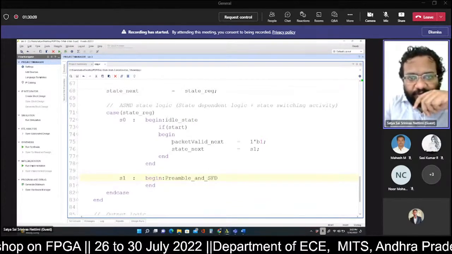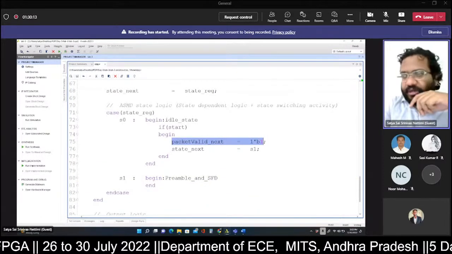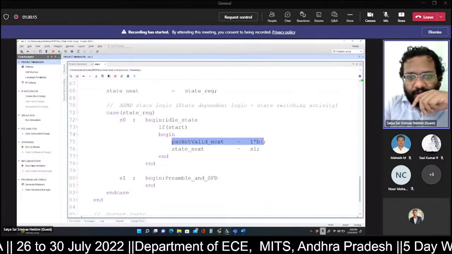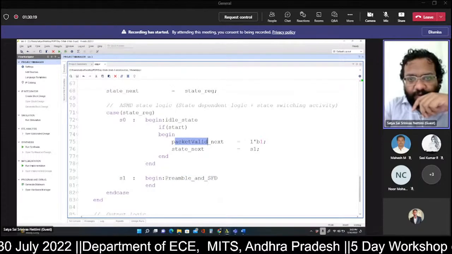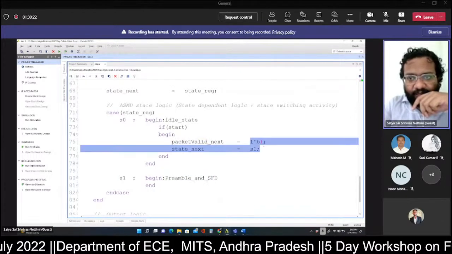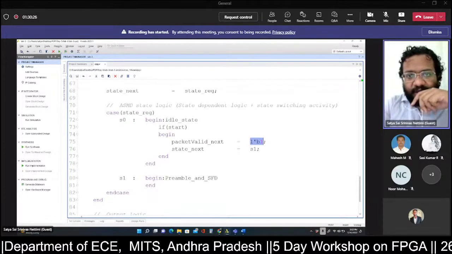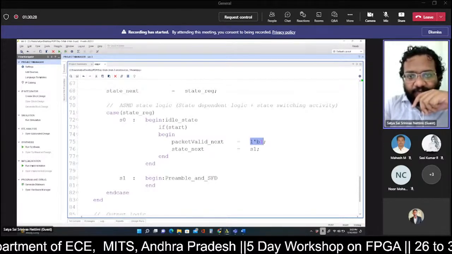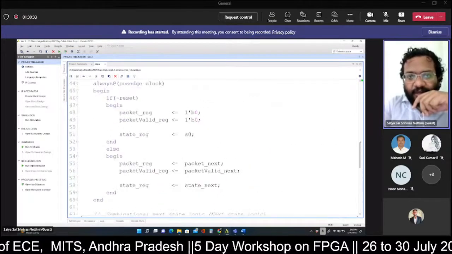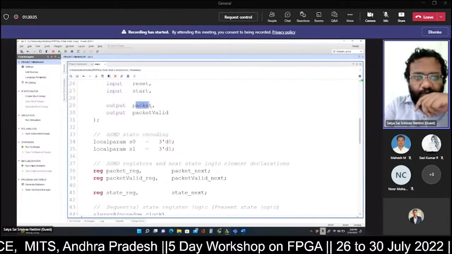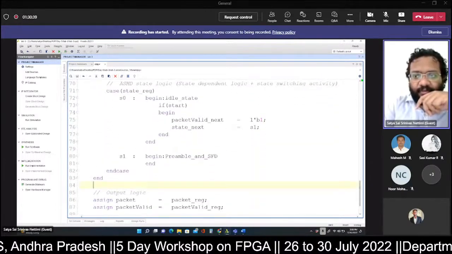In the S1 state, you can see packet valid next is made logic high. So the moment the FSM enters the S1 state, the packet valid output will be logic high. When this is logic high, the first bit in the Ethernet frame should also be made available on the packet output.